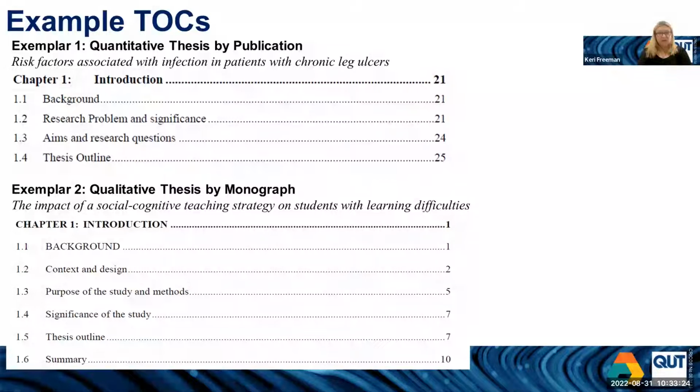Now, these are both QT, from QT ePrints, remember? Yeah, so the second one has some more pages. Again, you know, everybody's going to be different. So just by looking at these examples, it helps you to go, okay, well, I think that's too short. I'm going to make sure mine's longer and has more detail in it.